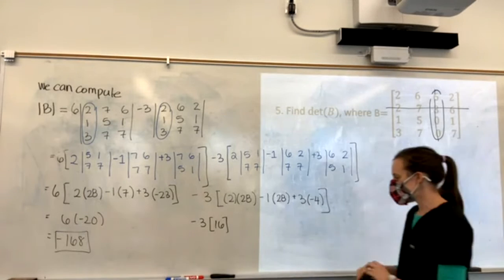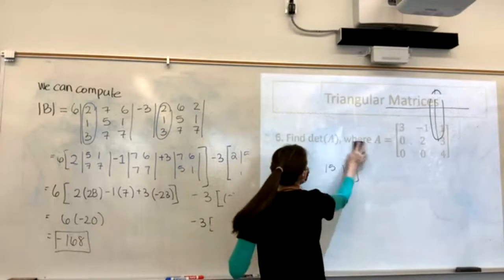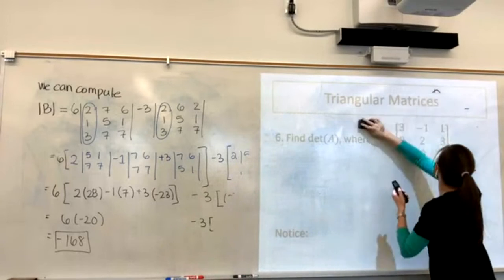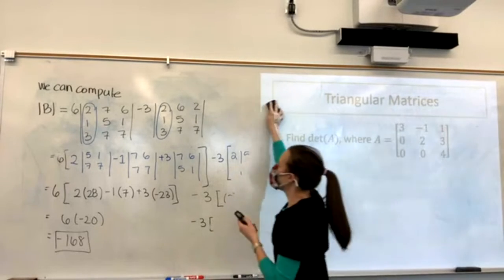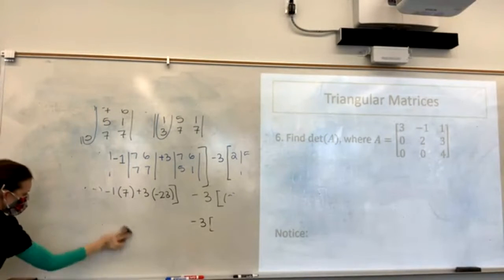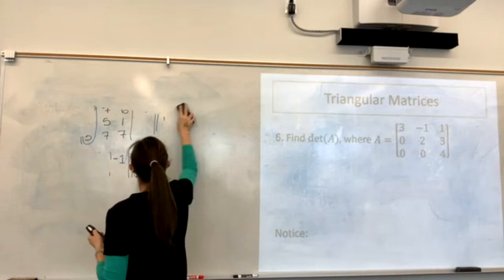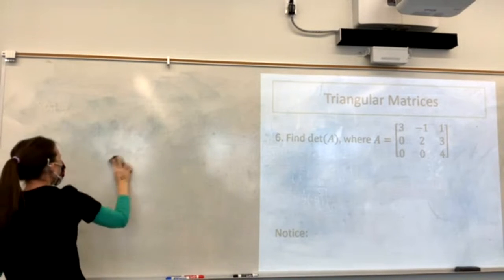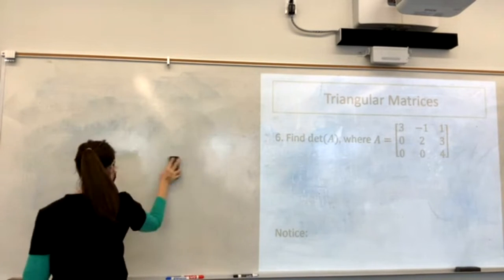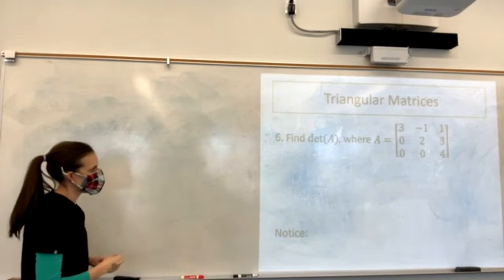All right, let's start learning some things that can make our lives easier then. All right, so here is, going back to a 3x3. All right, now which row or column looks particularly appealing to you about this matrix?